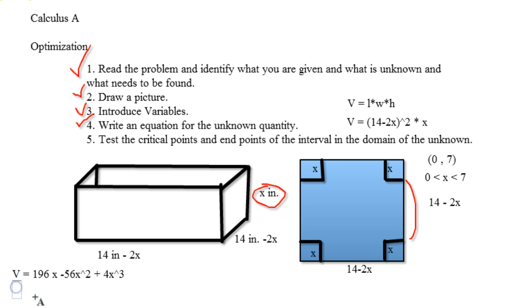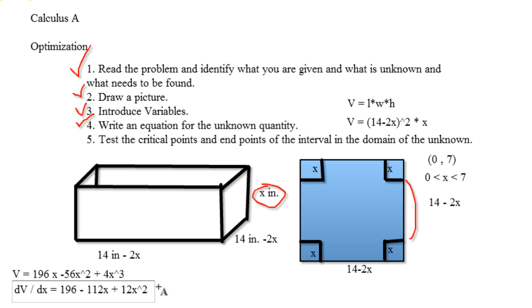Now you're going to take the derivative, and this becomes 196 minus 112x plus 12x squared. That's the actual point right there.